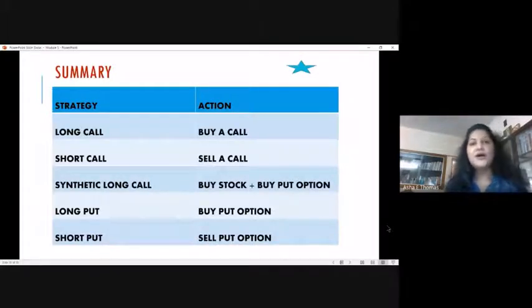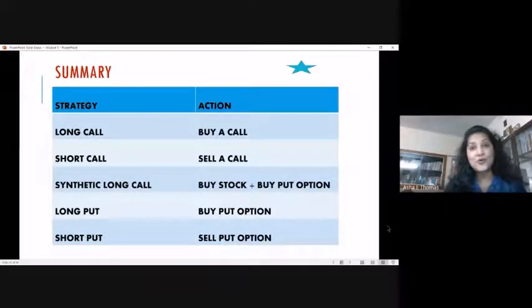Short put, again, is another strategy which you use where you get a premium. Your risk is unlimited because the other person will definitely go with exercising. Short put is you are selling your right to sell the asset to some other person. So that person would be exercising the right to sell the asset when the share price is trading down.